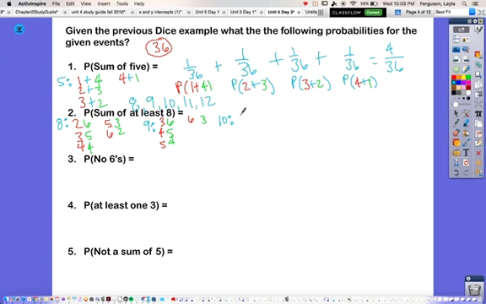For 10, I can't do 1 and 9. Can't do 2 and 8, can't do 3 and 7, but I could do 4 and 6. I can do 5 and 5, and I can do 6 and 4.